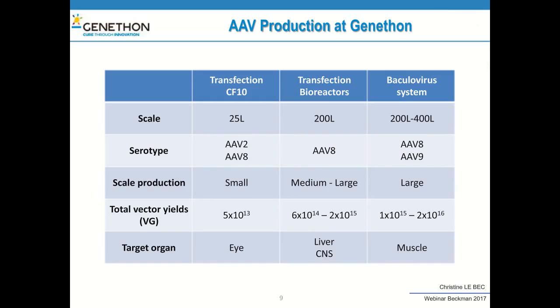We use these different processes depending, of course, on the yield of the process, depending also on the need of the vector for making your clinical trial, and on the need of the vector for the administration to the patient. These processes are used for AAV2, AAV8, and AAV9 serotypes, and for different clinical projects.